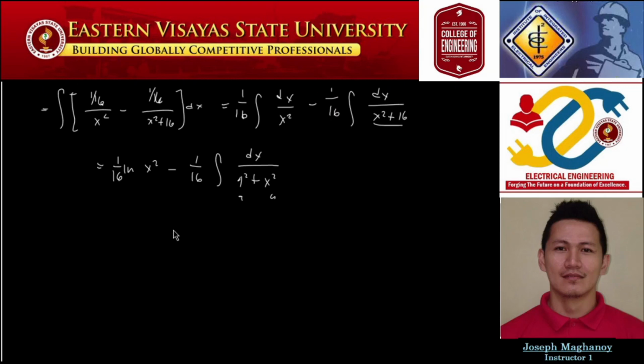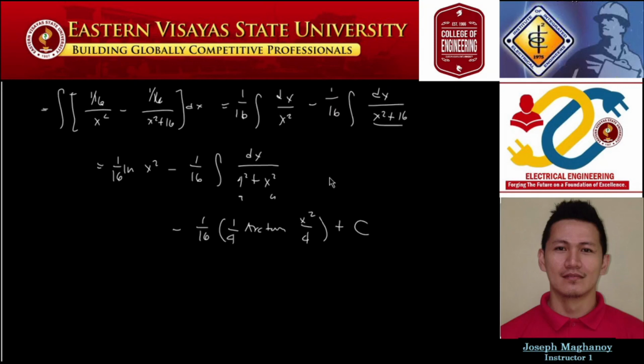So if we rewrite, that is 1 over 16 times 1 over a, our 4, arctan u, what is our u? x squared over a, that is our 4, and our arbitrary constant c.